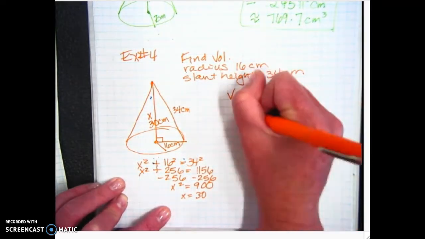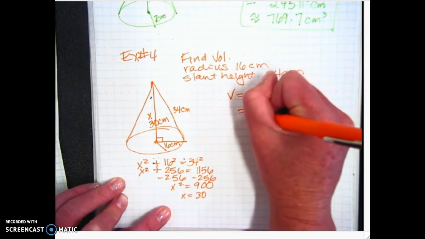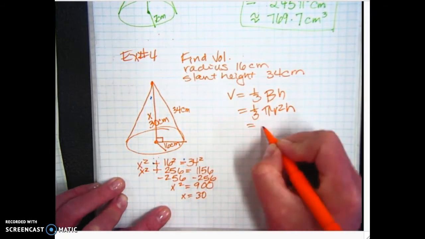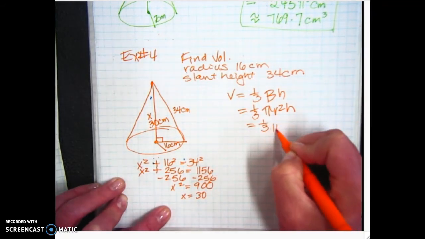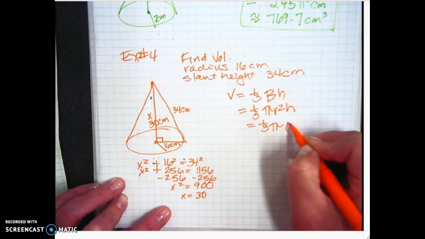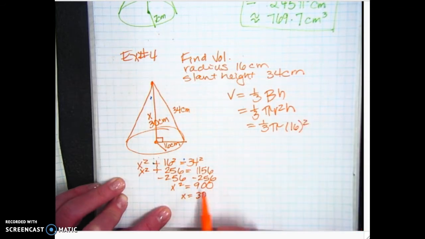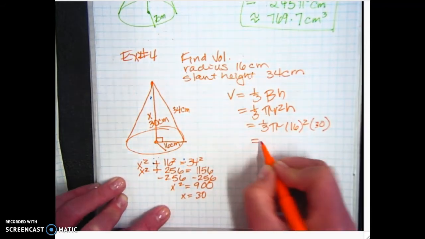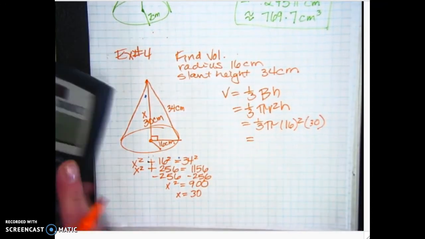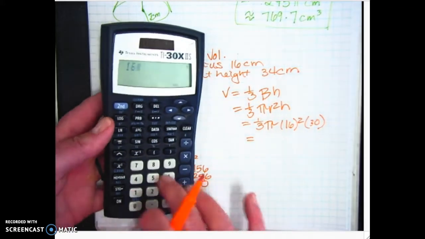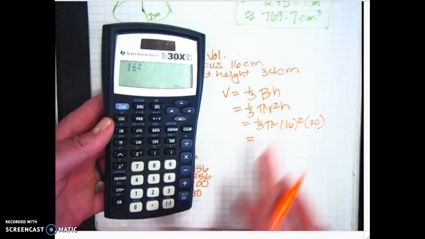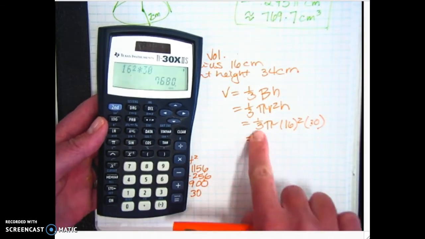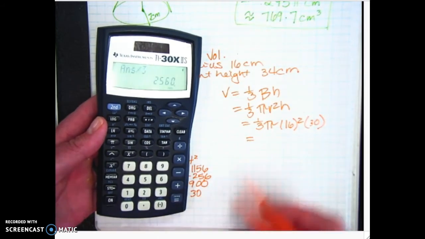Now we can plug that into our volume formula. 1/3 area of the base times the height. So 1/3 pi r squared h. That means we plug in the radius of 16 squared, and the height we just found, which was 30. So let's type this in the calculator. 16 squared, I'm going to do that on the calculator, multiply it by 30, then divide it by 3 because I've got that 1/3 there.